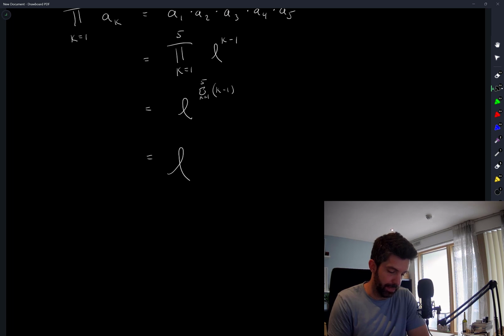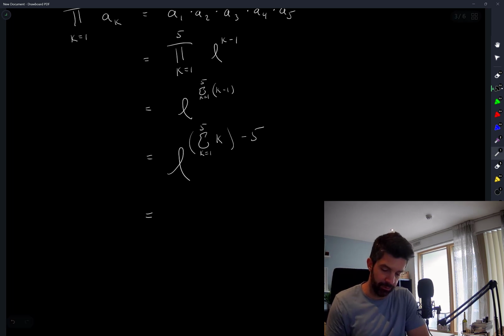So that's L to the power of the sum, k going 1 to 5 of k, put that in parentheses, minus 5. And what is the sum of the first 5 integers? It's 15, right? So this should be L to the power of 10.